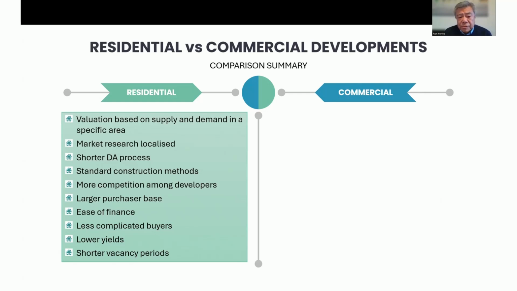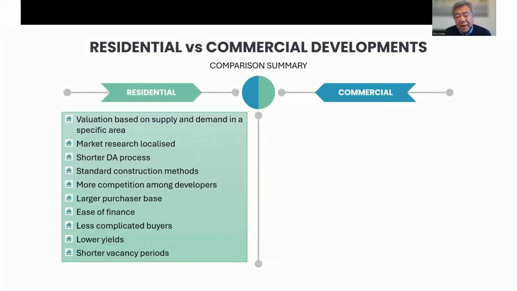The DA process is a lot shorter. Construction is a lot simpler because there's a methodology that is adopted in each different state. However, there's a lot more competition amongst developers because everybody wants to get in because they understand it. You have a larger purchaser base because everybody's looking for a home.